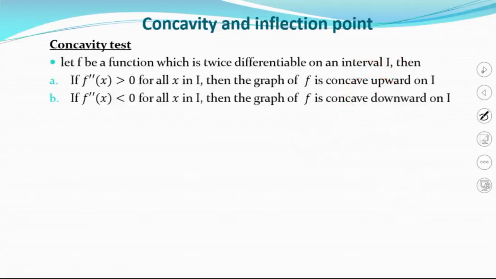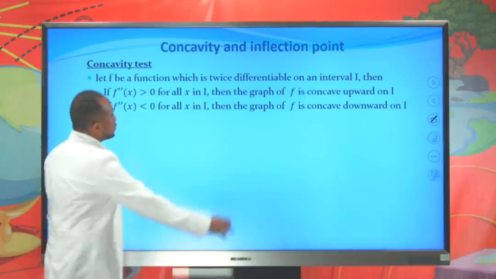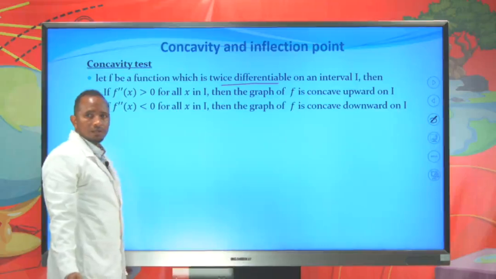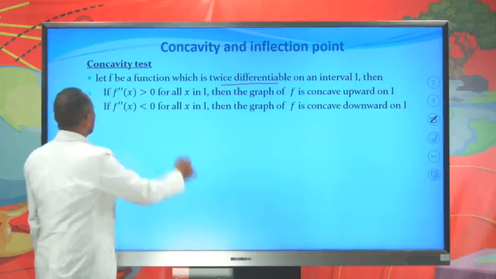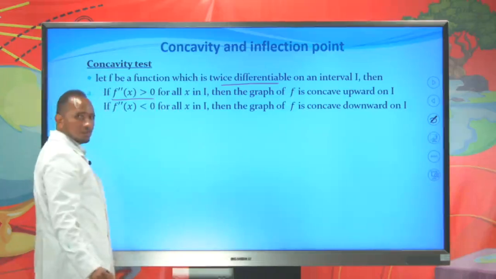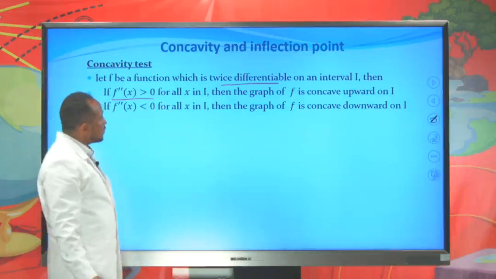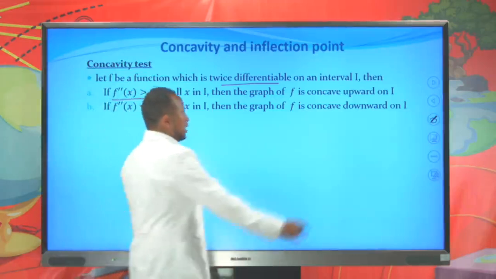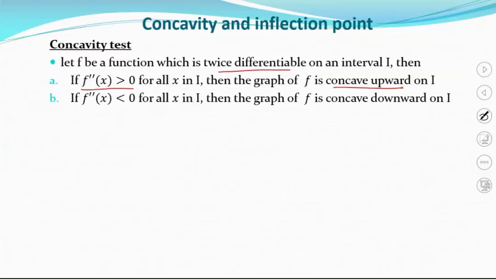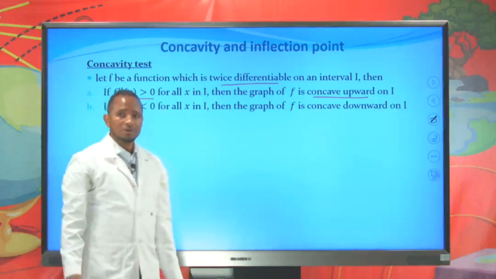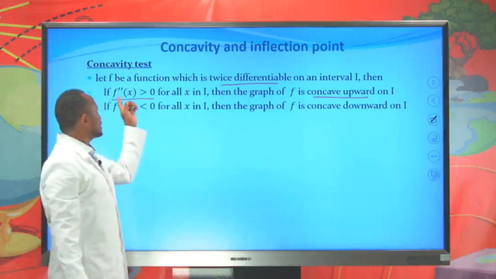Let f be a function which is twice differentiable on interval I. If the second derivative of the function is greater than 0 for all x in that interval, then the graph is concave upward. So to determine the interval for concave upward, simply check the sign of the second derivative.